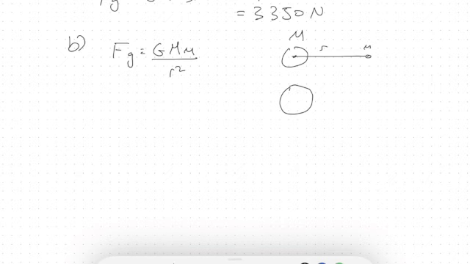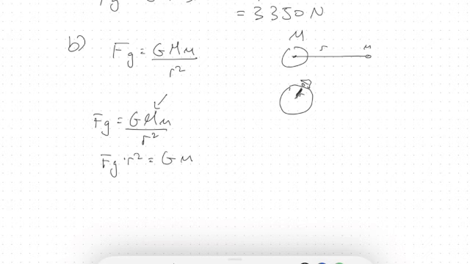In this case, there's a rover on the surface of Mars, so the radius of the planet is that number r. So Fg equals GMm over r squared. We're solving for the big M. Fg times r squared equals GMm. So big M equals Fg times r squared over G little m.